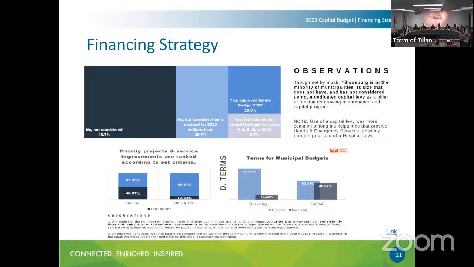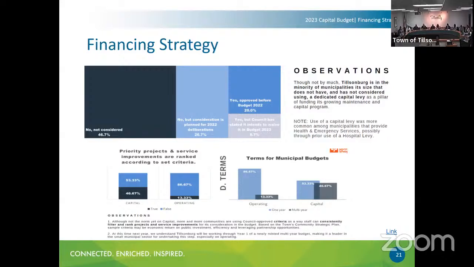Only about half of other municipalities look at a multi-year capital, and only about 13% are multi-year for both capital and operating. So the town is being very proactive, and we commend council for setting that strategic goal because it will help with long-term strategic thinking in alignment with the strategic plan.